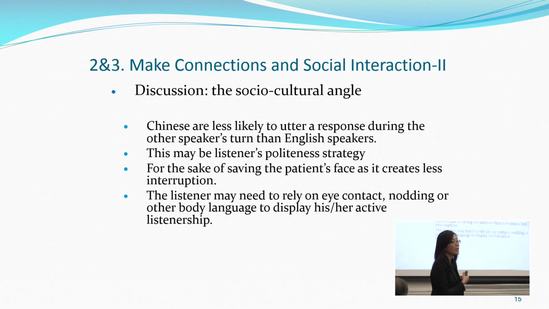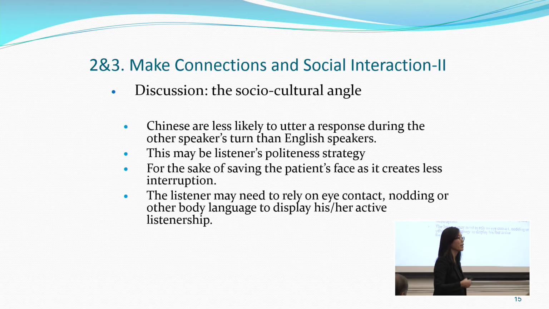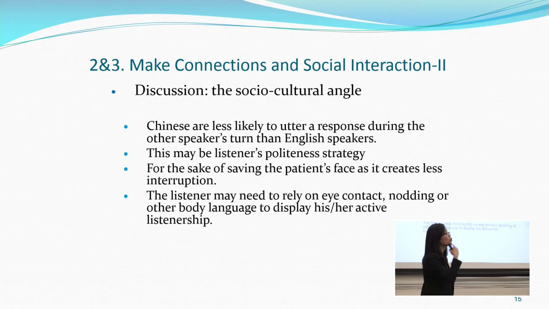And my students also said something about relying on eye contact, nodding, or other kinds of body language to show your patient, I'm listening, I'm with you, and so on and so forth. So yeah, that's the findings that they came up with when we had a discussion.